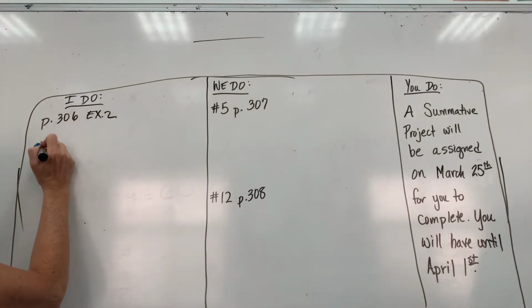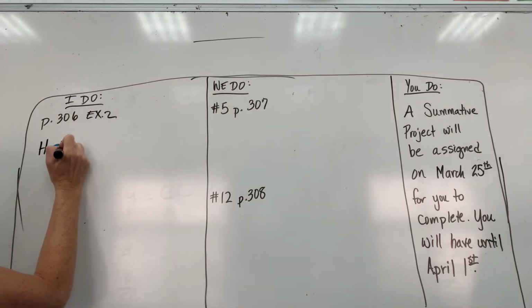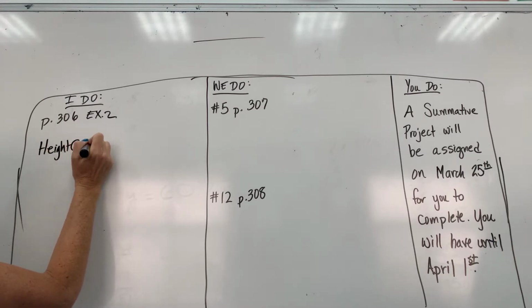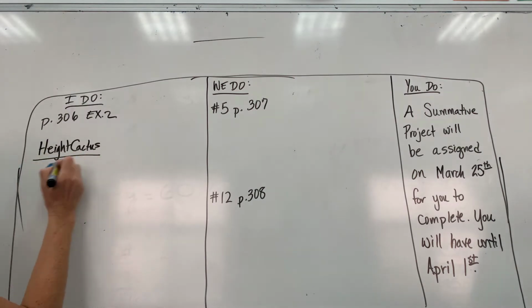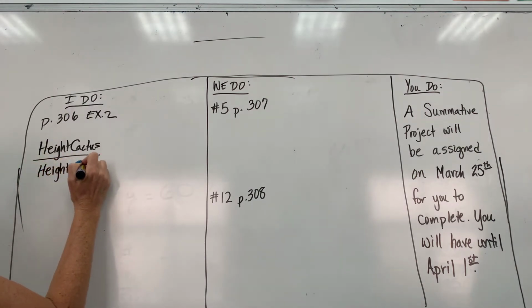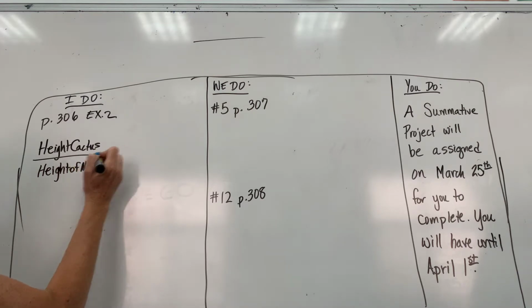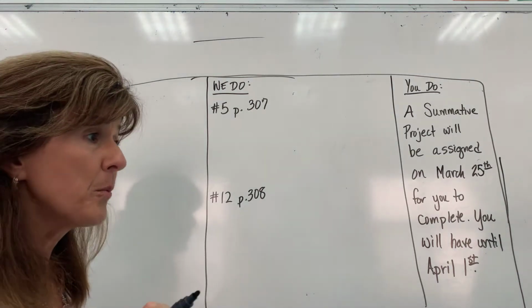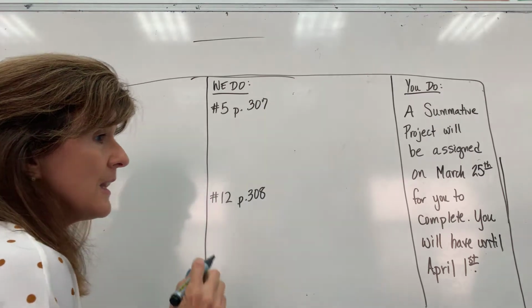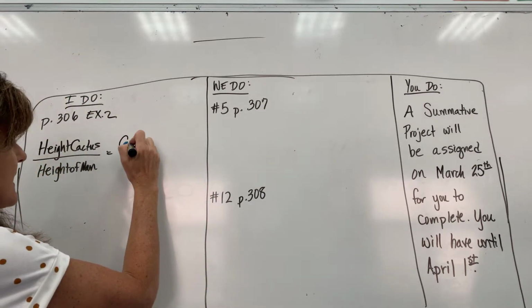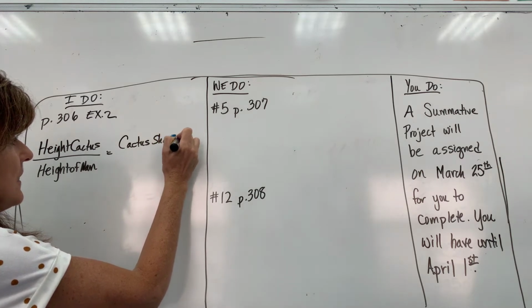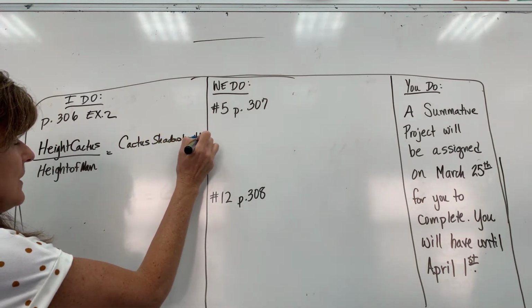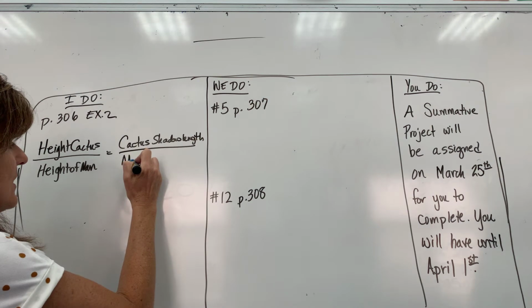We have the height of the cactus, and then we have the height of the man, and that is going to be directly proportional to the cactus shadow length over the man's shadow length.